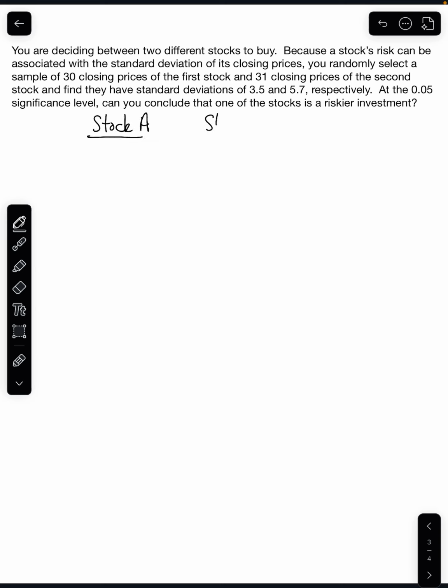So we can call them stock A and stock B. For stock A, there is a sample size of 30, and the standard deviation, not the variance, the standard deviation here was 3.5. For stock B, there were 31 closing prices, and that had a standard deviation of 5.7.